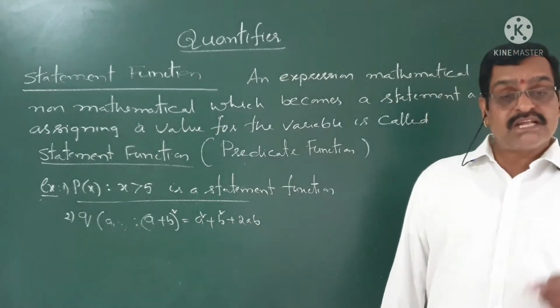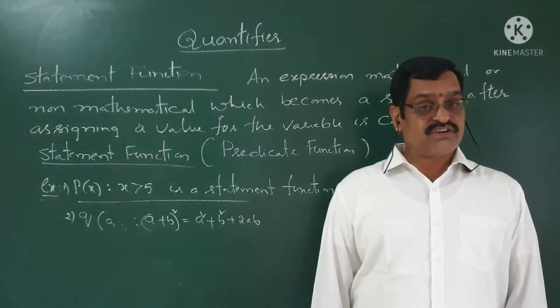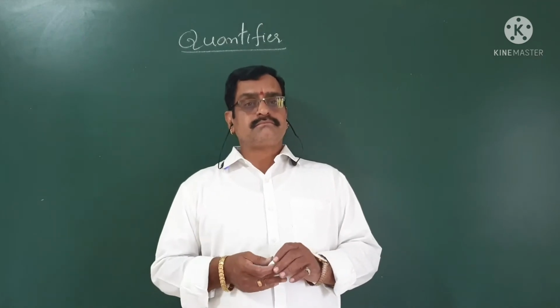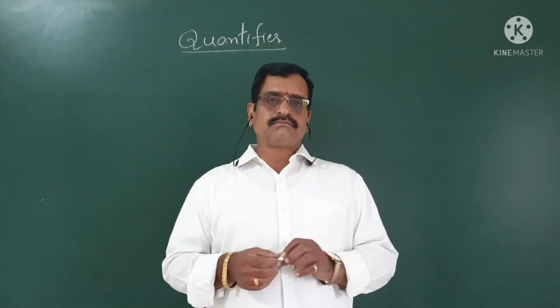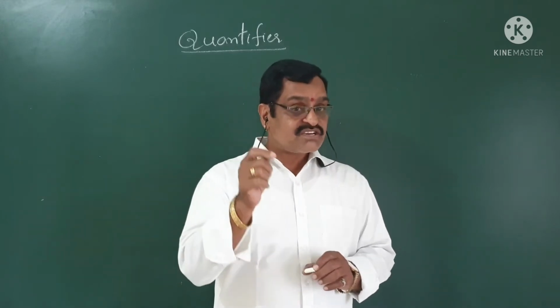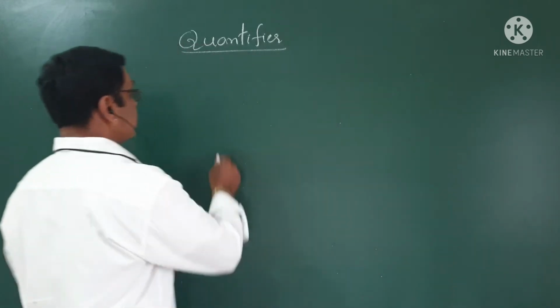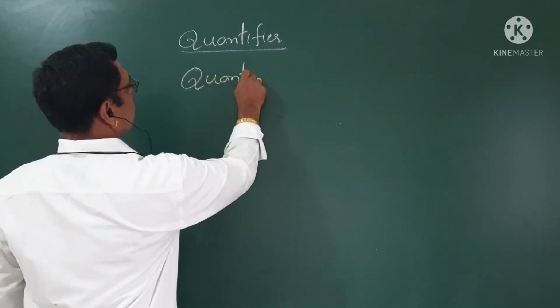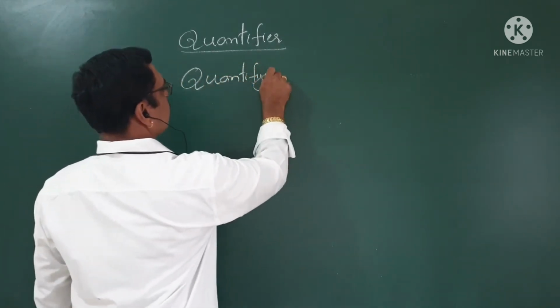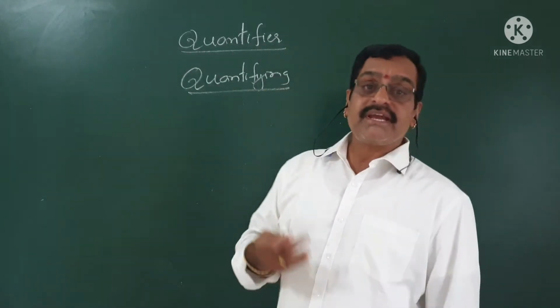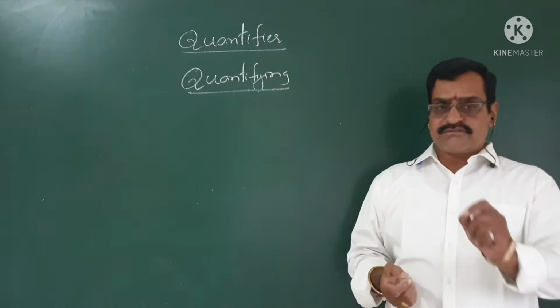If you consider the truth value of the statement, now I have a statement function and I want to quantify it. What is the meaning of quantifying a statement function? It's very simple.